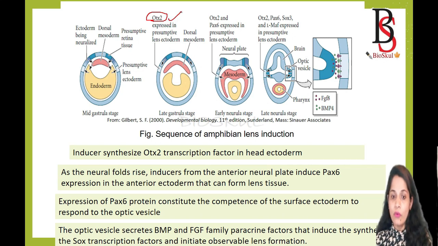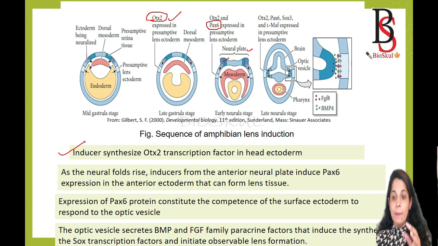As the neural folds rise, inducer from the anterior neural plate induces expression of PAX6 in the anterior ectoderm that can form the lens tissue. Okay, good. First, what will happen? As the inducer, it will synthesize the OTX2 transcription factor in the head ectoderm.